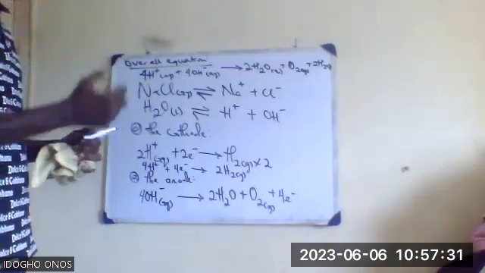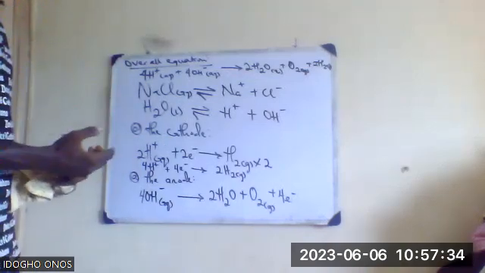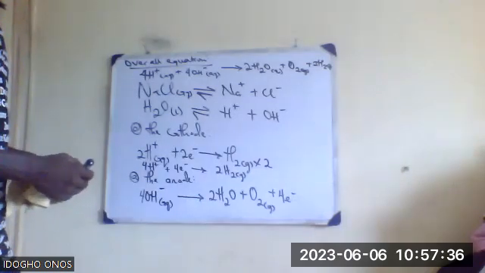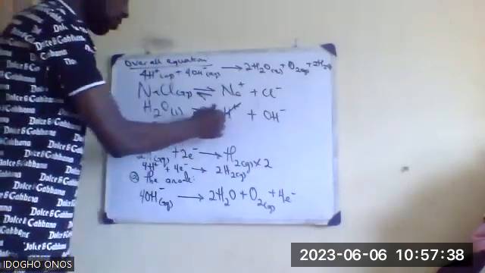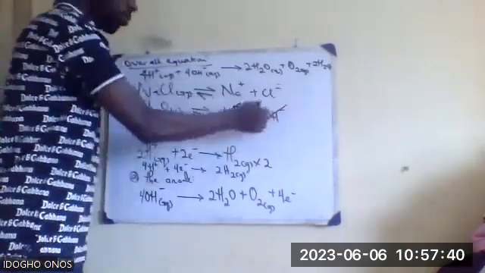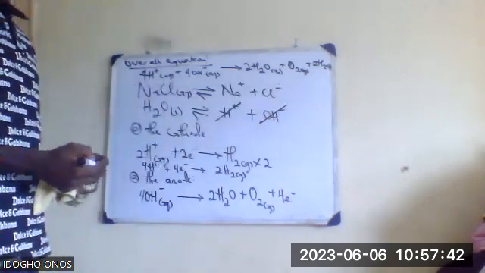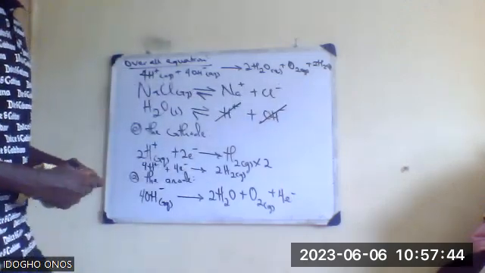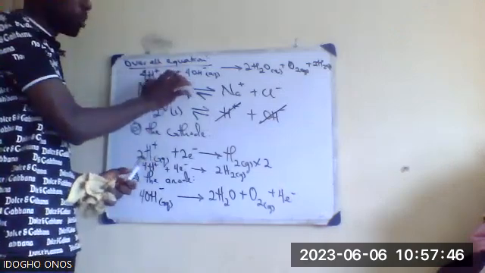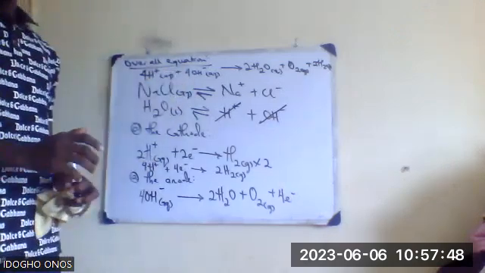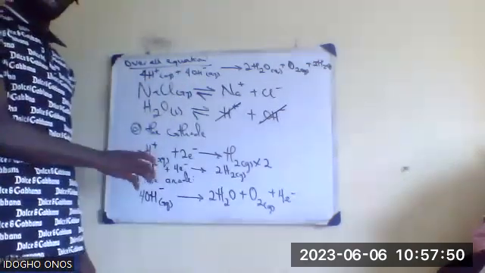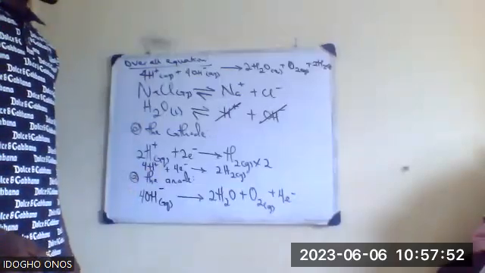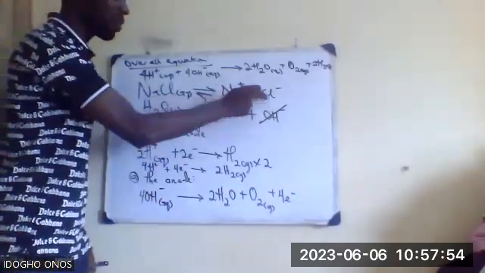Then, okay, what happens to the electrolyte at the end of the electrolysis? Since hydrogen was off and OH was also off, the concentration of the sodium chloride increases. That is what happens to the electrolyte at the end of the electrolysis, because I'll be left with sodium and Cl.